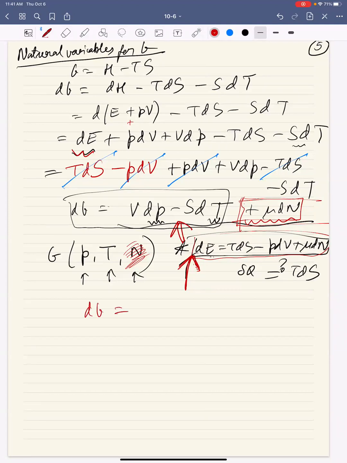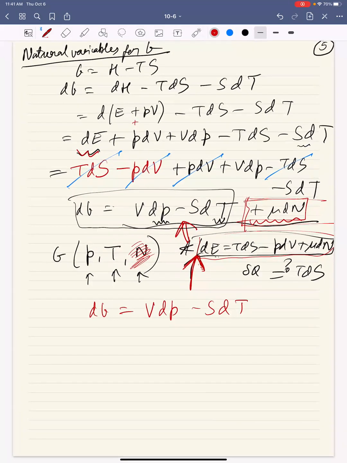So let's look at this different derivative. dG is equal to VdP minus SdT. This equation does not have a name, but it is actually a super powerful equation. You will be seeing sooner or later an exercise problem in which you will use this to do things that you could not think were possible, with this simple equation. First of all, what does it tell us about partial G by partial P at constant temperature?